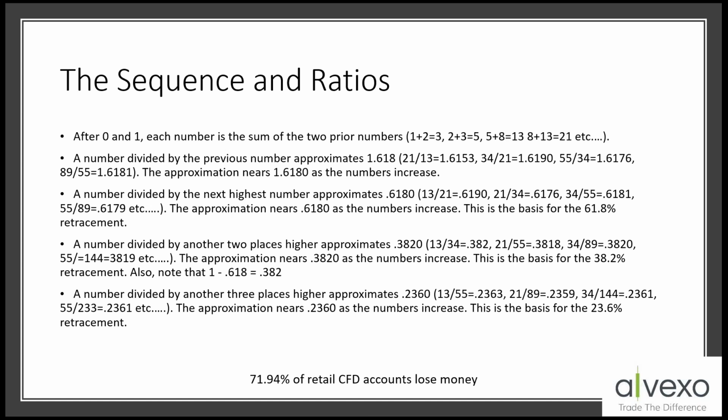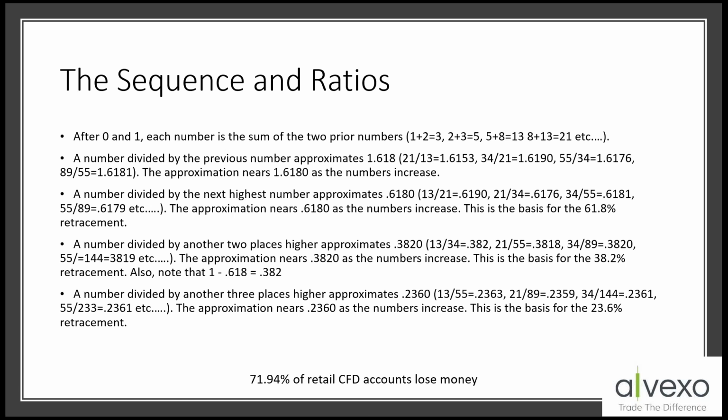Now, if we were to take the numbers next to each other and divide them anywhere in the sequence, anywhere, take one number and take the next number after it and divide it by the previous one, guess what? You'll always get approximately 1.618.